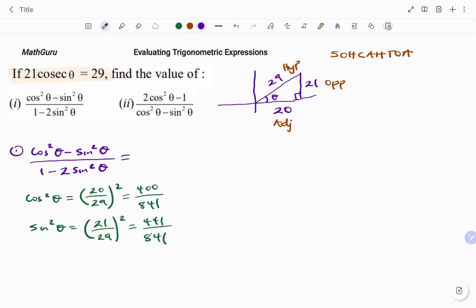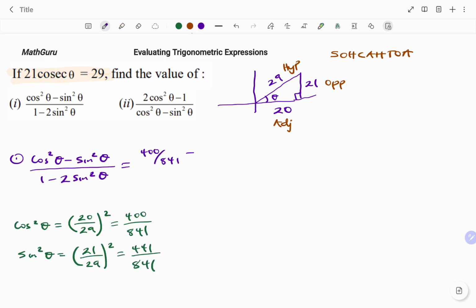Because I have those values, I can put them back in my expression. So cos squared theta, that's 400 over 841, minus sine squared, which is 441 divided by 841, all over 1 minus 2 times sine squared theta, replacing that by 441 divided by 841, close bracket.